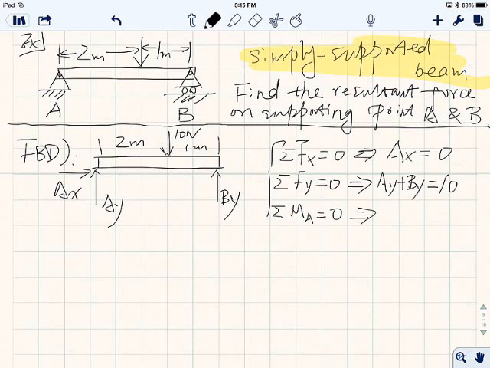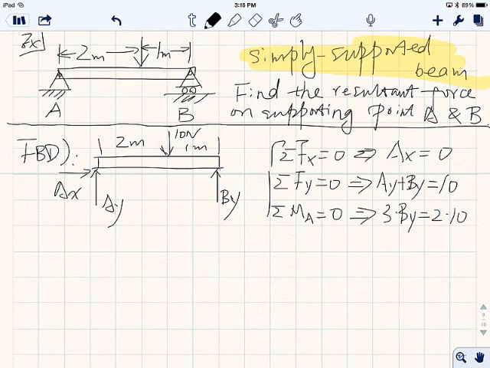The 10 newtons will cause a negative moment because it's rotating clockwise, while BY will cause a positive moment because it's causing rotation counterclockwise, right? So the positive moment should equal the negative moment. Therefore, 3 times BY should equal 2 times 10.